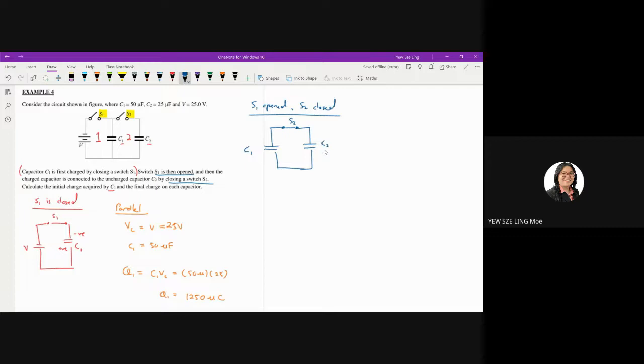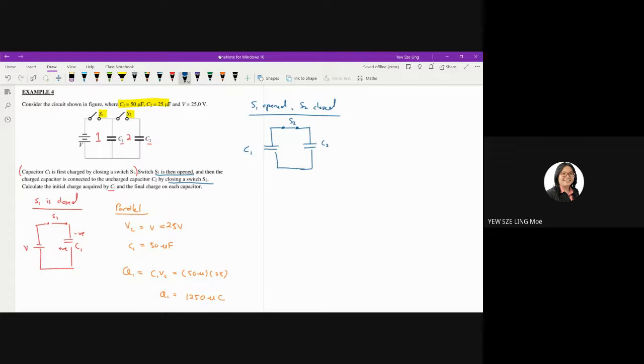The information that we have right now is C1 equals 50 microfarad and C2 equals 25 microfarad. These two values will remain constant. Why? It doesn't matter which loop you are looking at, because you are using the same capacitor and you didn't modify it.